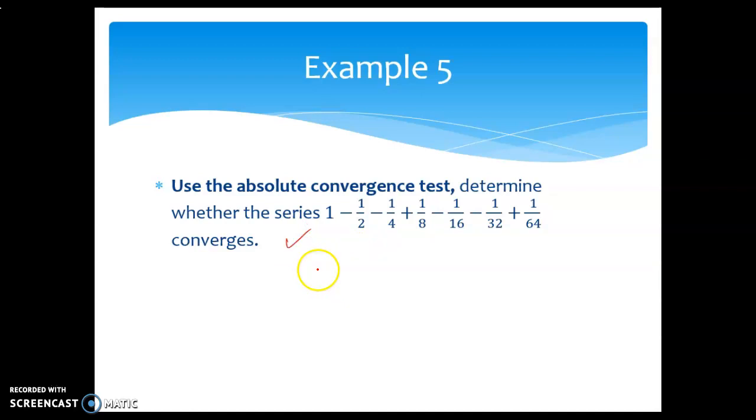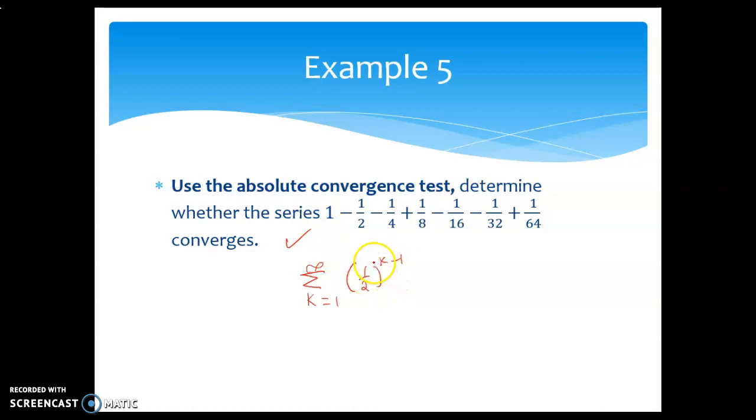Right now we are going to find the absolute values of each and every one of these. Then my series would look like this: the summation from k equals 1 all the way to infinity of 1 over 2 raised to the power k minus 1. When I substitute 1 for k here, I'm going to get 1.